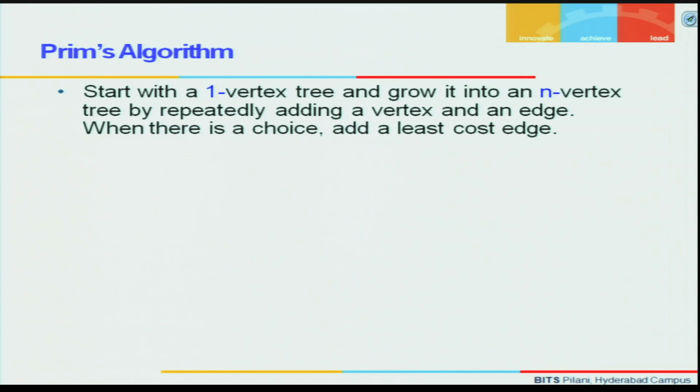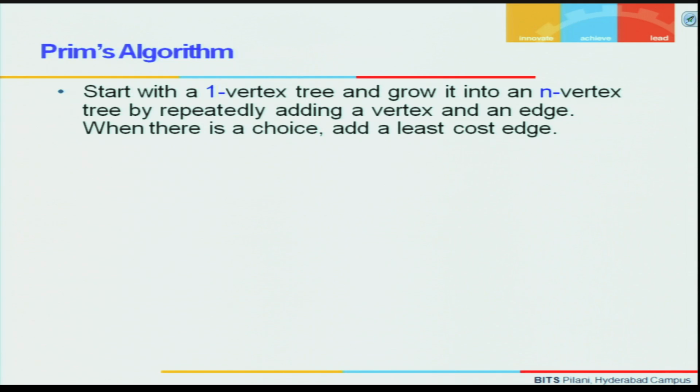Okay. So next let us see Prim's algorithm. It says that you start with any vertex. You're given a graph, so you start with probably any vertex, and at each step you add an edge to the spanning tree that you would like to construct, satisfying some conditions that we will speak of.